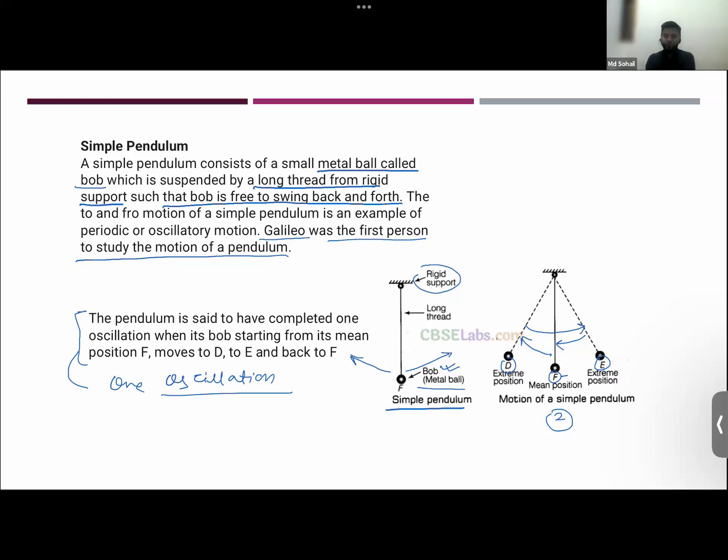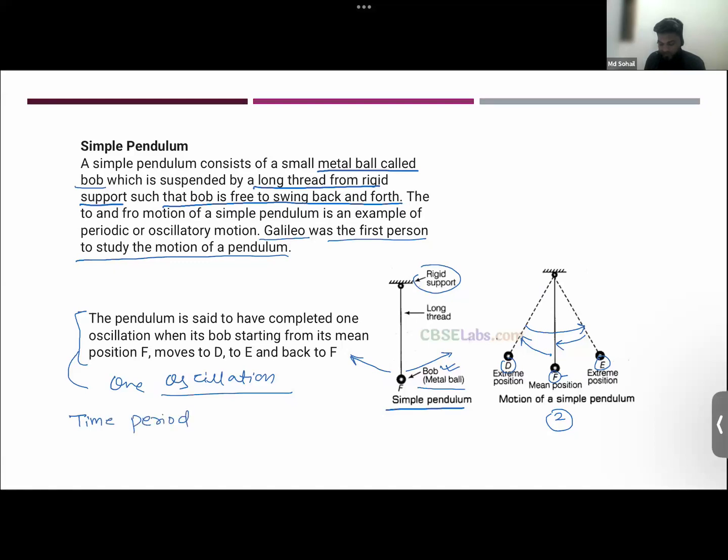So when the pendulum goes from the mean position to the extreme position on the right side or the left side, and then goes back to the extreme position of the other side, and then comes back to the mean position, then it completes one complete set of motion, that is called one oscillation. All right. And the time taken to complete one oscillation is called the time period of the pendulum.